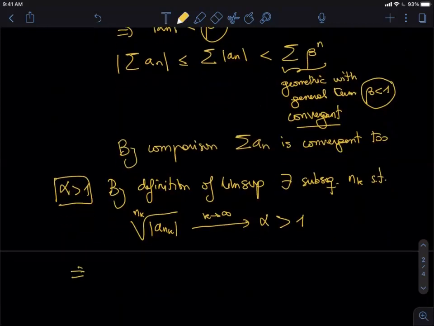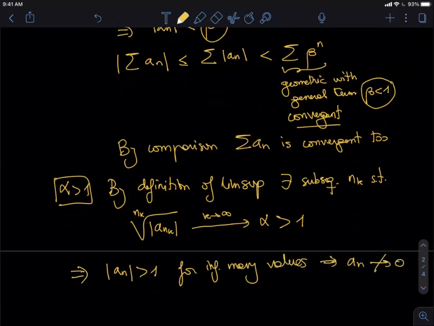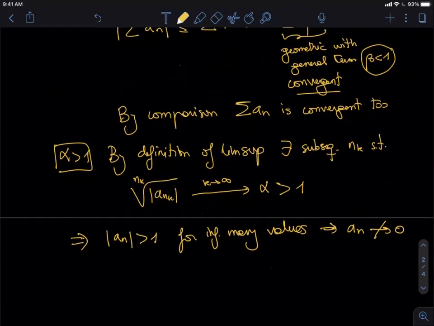And if there is a subsequence that converges to something bigger than 1, then it's impossible that the limit of an is 0. We have absolute value of an bigger than 1 for infinitely many values. And this means an cannot converge to 0. And this was a basic condition for the series to converge. So the series diverges. We have called this the divergence test.